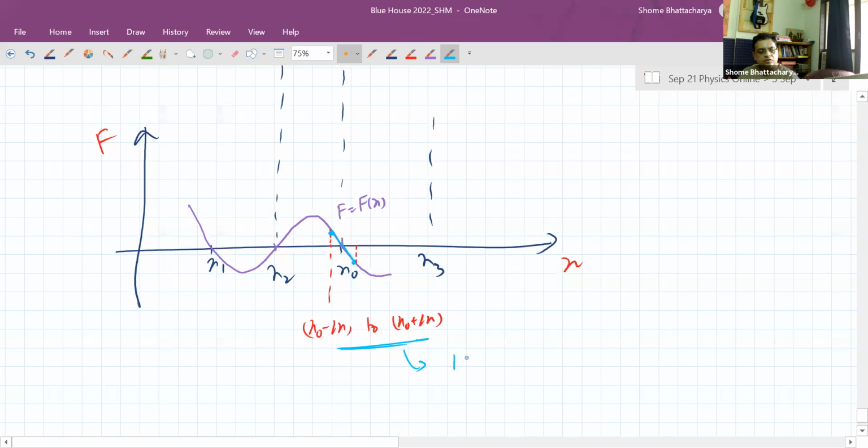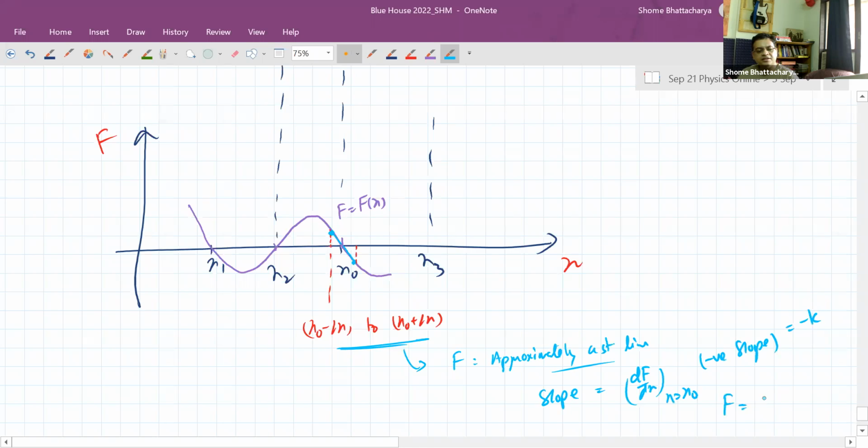So F is approximately a straight line with a slope which is basically dF by dx at the point x equal to x0, and that will be a negative slope. So that is your effective minus k.